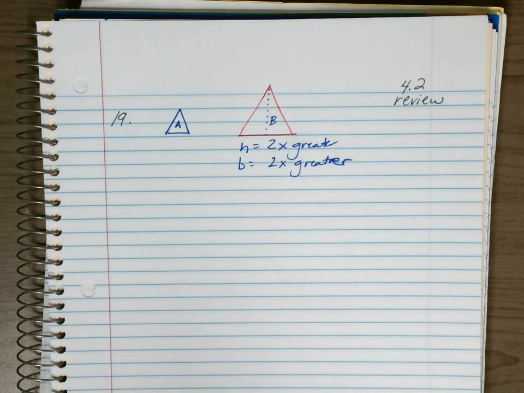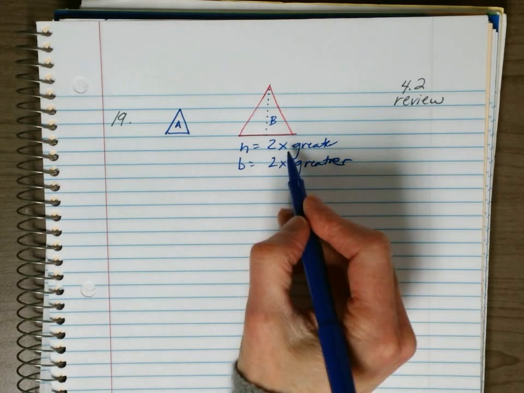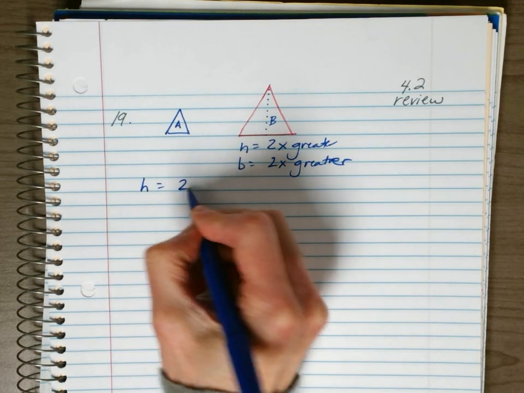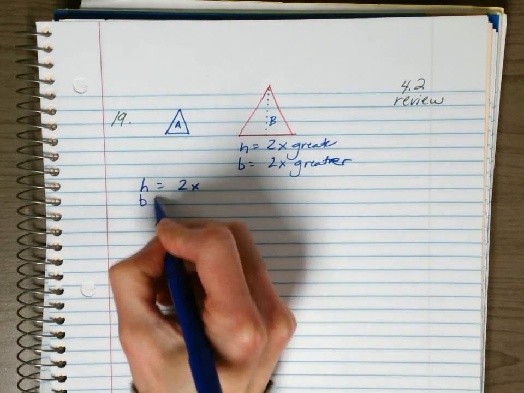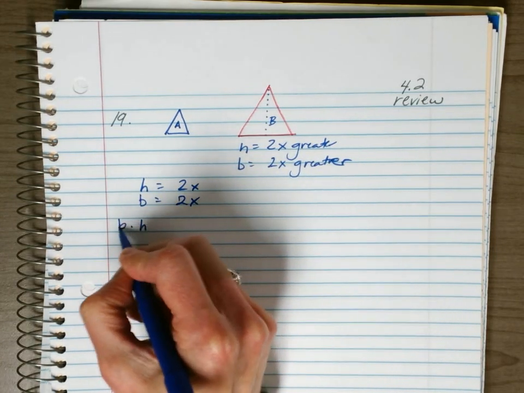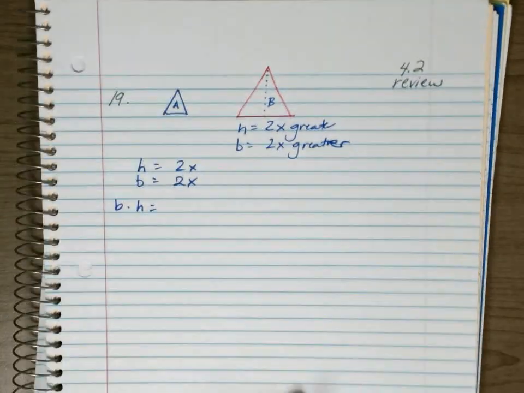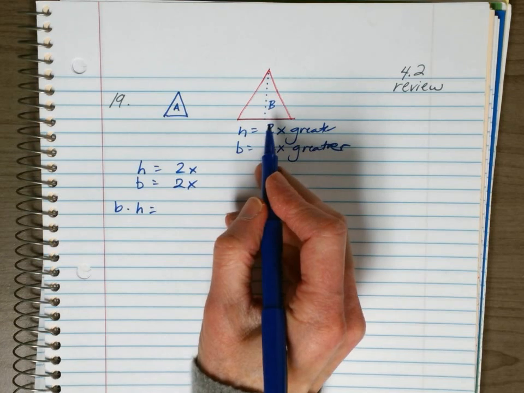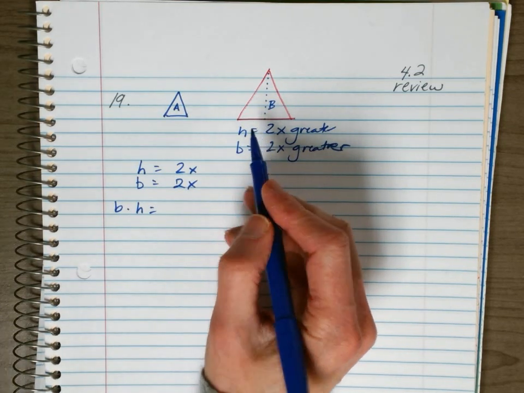Now, how do you solve for area? Base times height. So if height is 2 times greater, and base is 2 times greater, and area is solved by base times height, how many times greater is this triangle? 4, because it's 2 for each. Right. It's 2 times greater for each dimension.